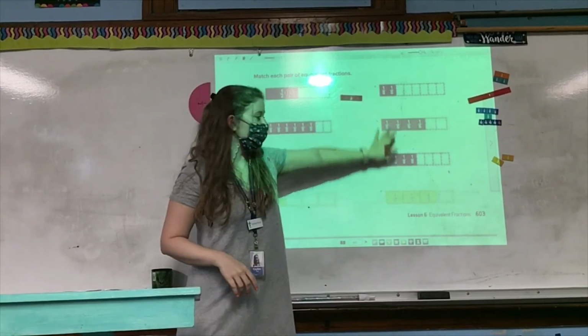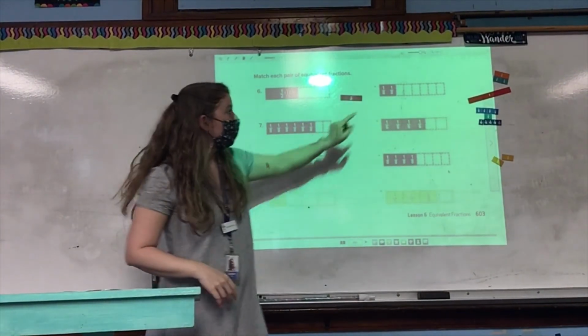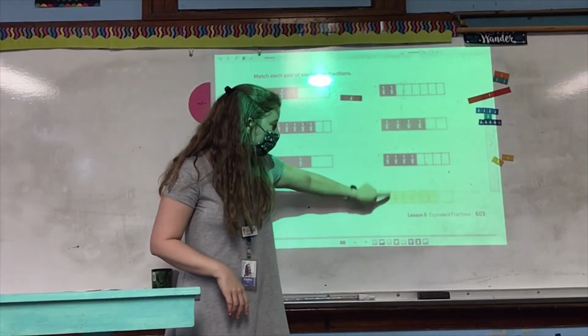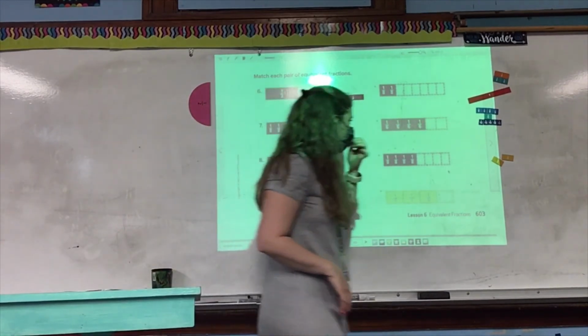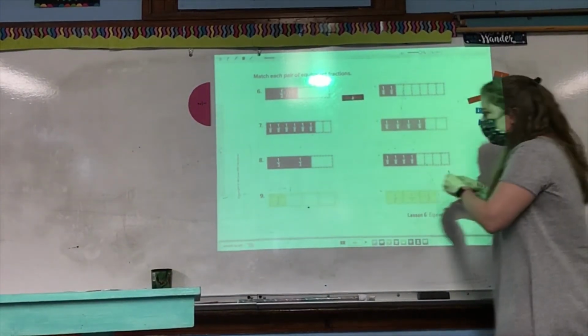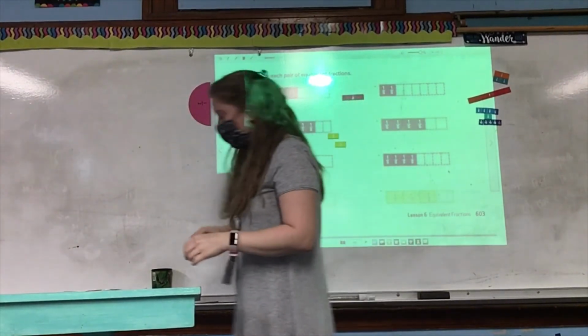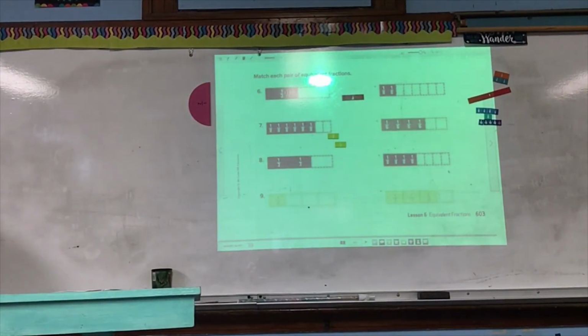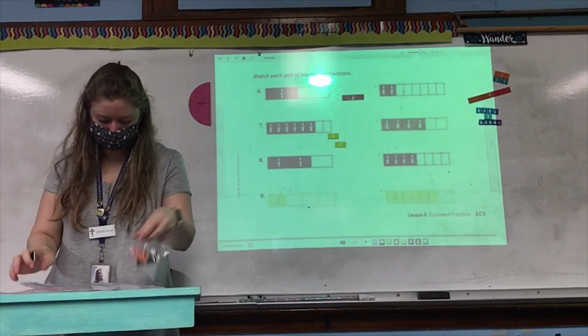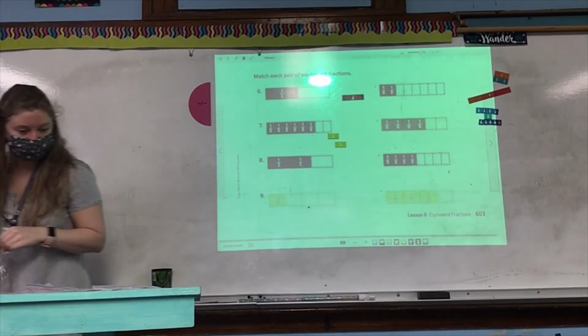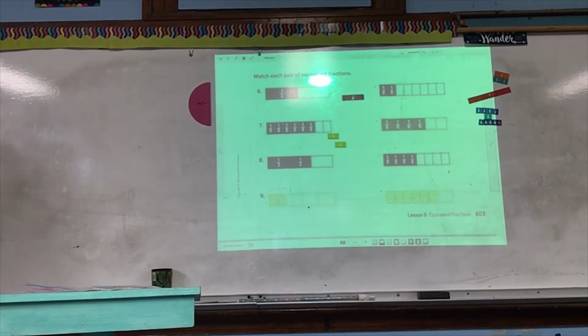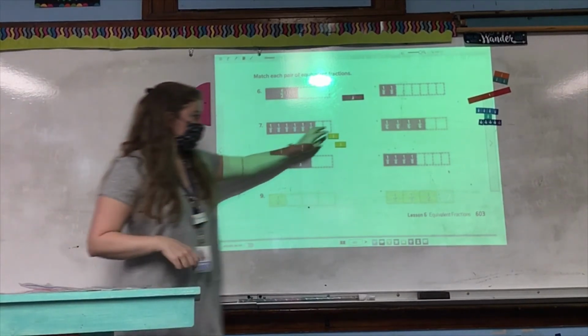I have to match it to one of these. I see 1/8, 1/6, 1/8, and 1/4. So I'm going to get my 1/4 tiles, my 1/6 tiles, and my 1/8 tiles. And then I'm going to start seeing if they match.